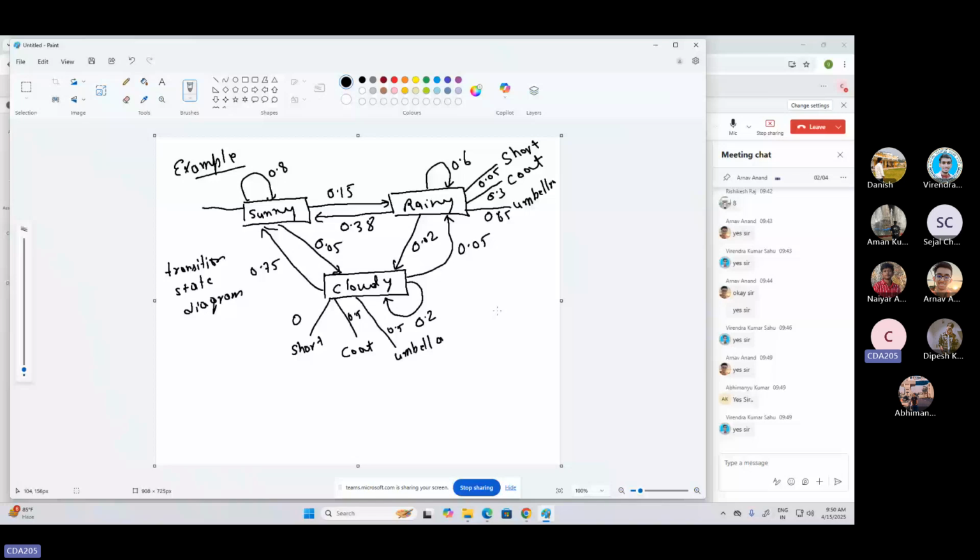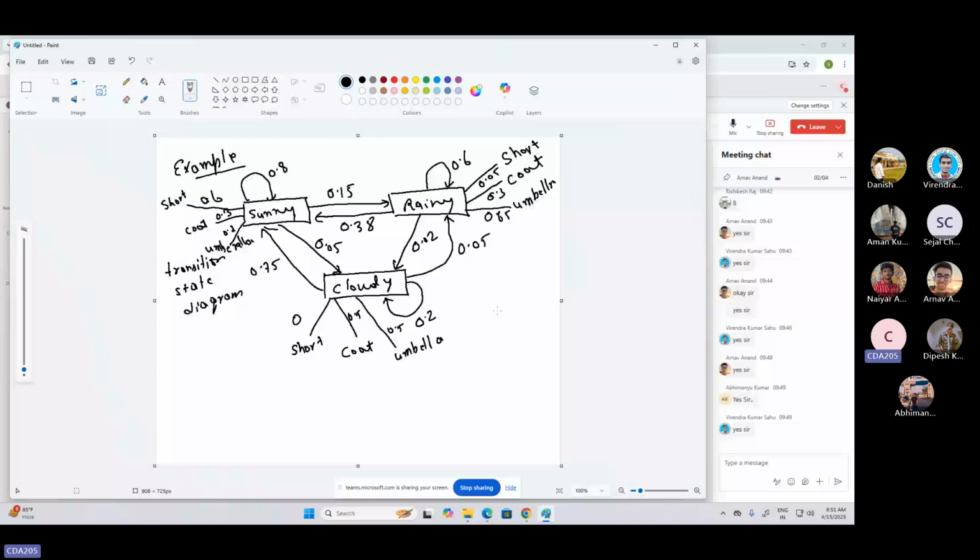Having the short, it is 0.6. Having the coat, it is 0.3, and having umbrella, it is 0.1.